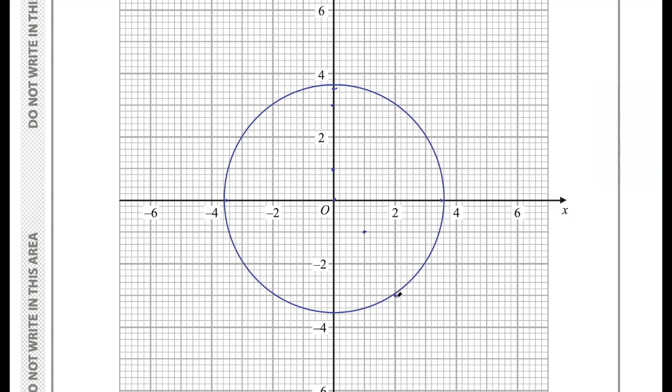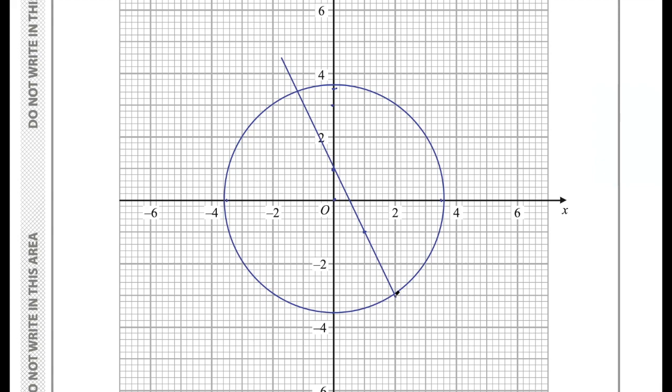So let's draw that in. Okay, it's going to be something like that. And because my circle is not perfect, I'm not going to get great answers for this, but they should be fairly close to the actual answers.